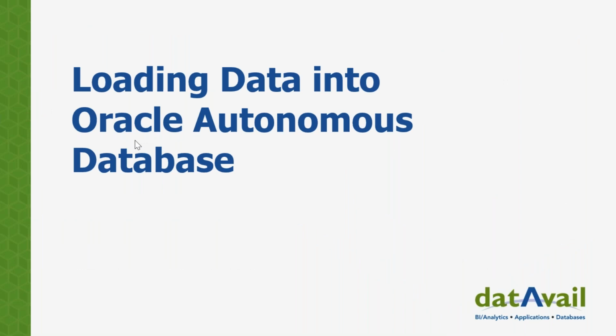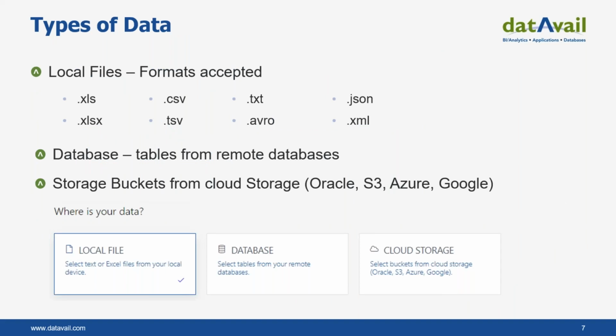Loading the data into Oracle Autonomous Database. In this particular case, there's the availability to load data. You can do this in 3 different fashions that are already available within Oracle Analytics. You can load flat files like Excel files, JSON files, text files, and CSVs, which are usually the most popular means.